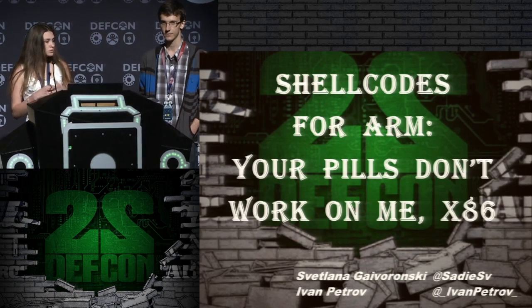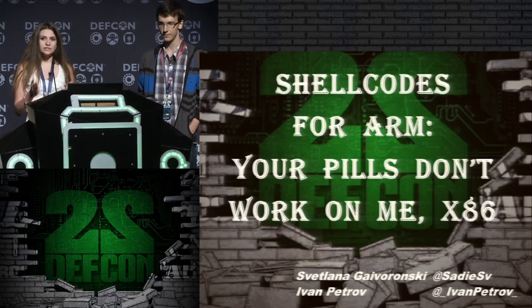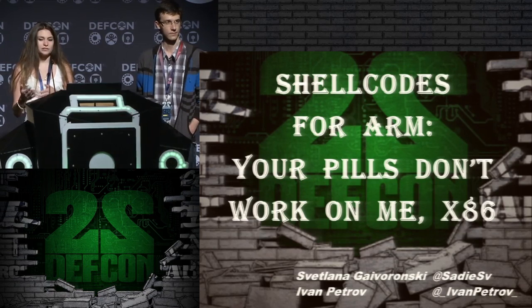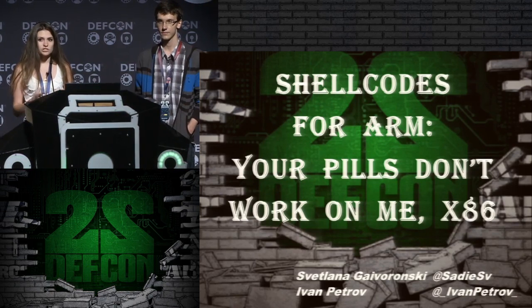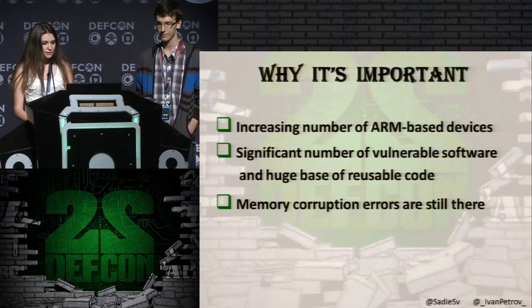And our research is mainly focused on whether those methods are applicable to ARM-based platform, and how difference between two platforms can possibly impact the structure of shellcode and some other features of shellcodes. And what can we learn from it? So let's start.